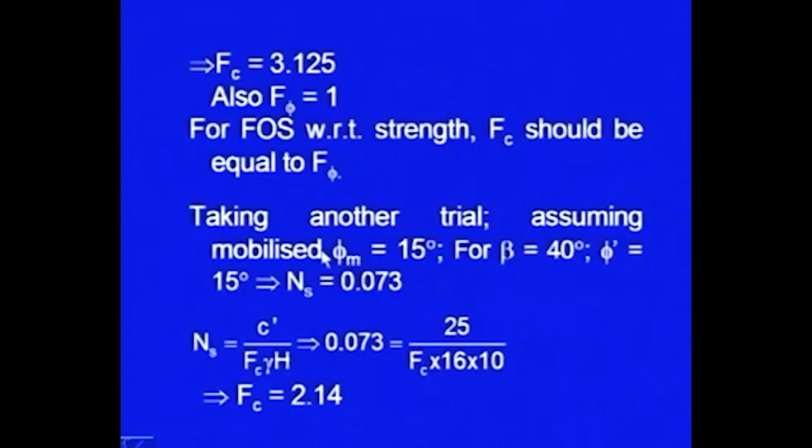Now, we assume the mobilized phi m as 15 degree, and again using the same chart, beta equal to 40 degree and phi dash equal to 15 degree, you can interpolate Ns, it comes out to be 0.073. So, again put it in this equation, Ns is equal to C dash upon Fc gamma H. So, 0.073 equal to 25 divided by Fc into 16 into 10, and now you see Fc has reduced, it comes out to be 2.14.